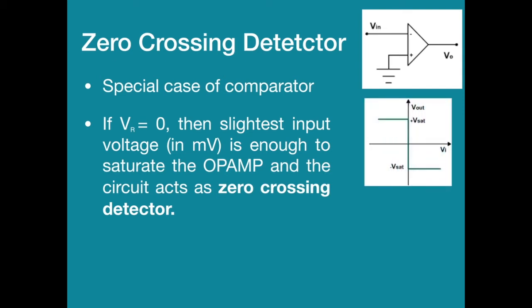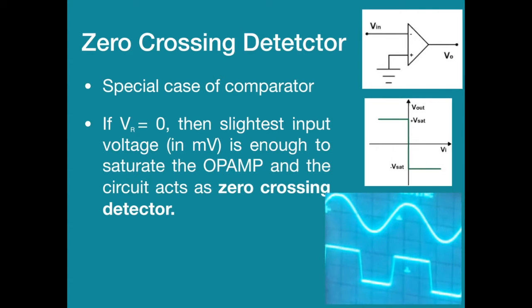You can see here the graph explains the same thing. Whenever Vin is greater than 0, it is negative V saturation. Vin is less than 0 volts, it is positive V saturation. And this is the diagram actually obtained on the CRO in the lab.